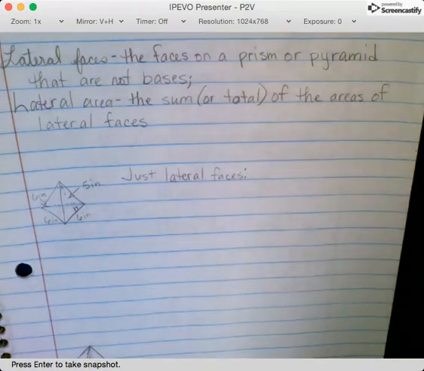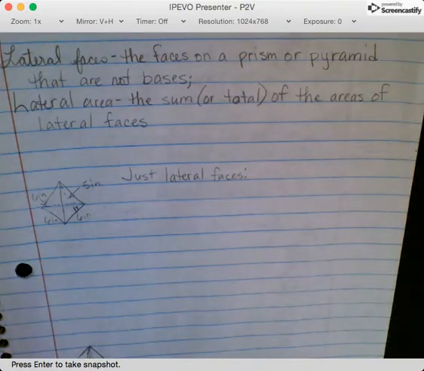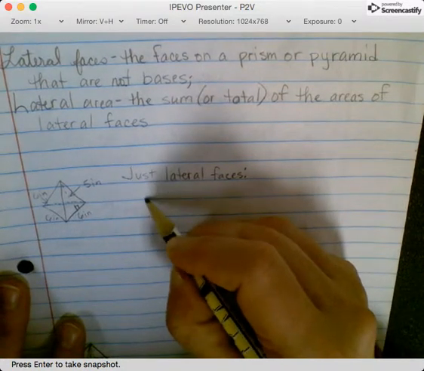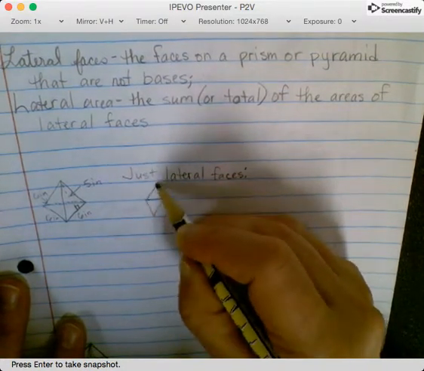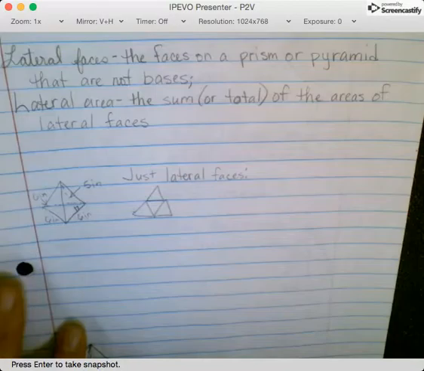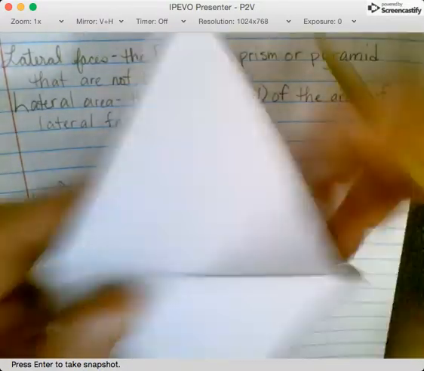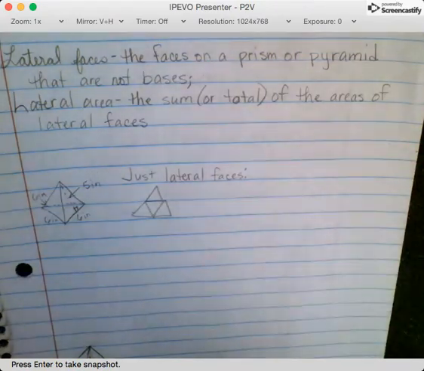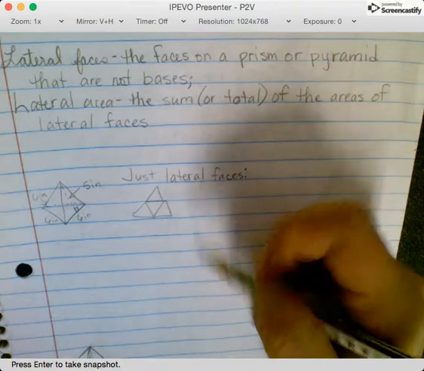So what I'm going to do for this one is I'm just going to draw a picture of a triangle and what it would look like if it were unfolded. Remember in the video we talked about the nets. This is what it would look like.